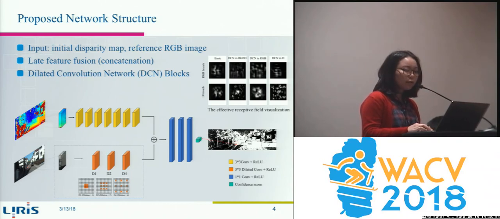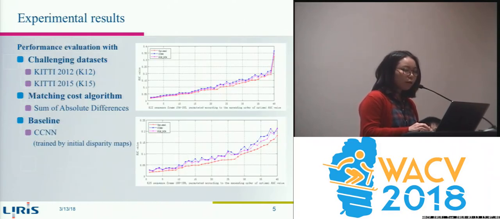We also found that effective receptive fields in the disparity branch are more interesting compared with the RGB branch. Our experimental results show that with only dilated convolutional blocks in the RGB branch, the confidence performance improved. So we propose a patch-based multi-modal network with dilated convolutional blocks in the RGB branch, as shown in the figure.